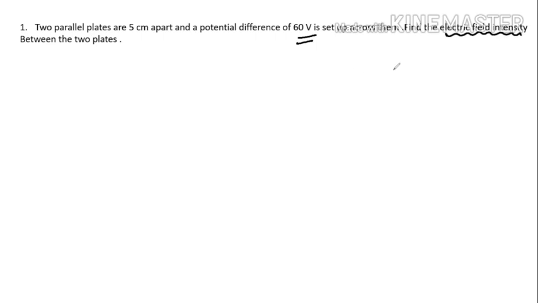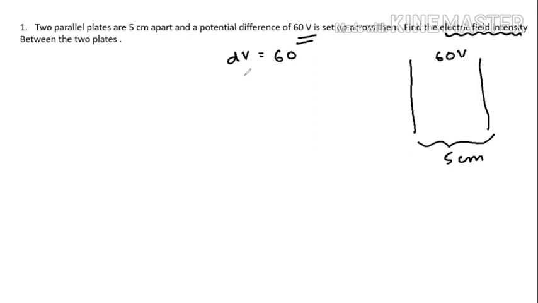So these are the two plates, the distance between them is 5 centimeters, and the potential difference is 60 volt. So here your dV value is 60, and your dr value is 5 centimeters. If you bring it in SI units, you get 5 times 10 to the power minus 2 meter.